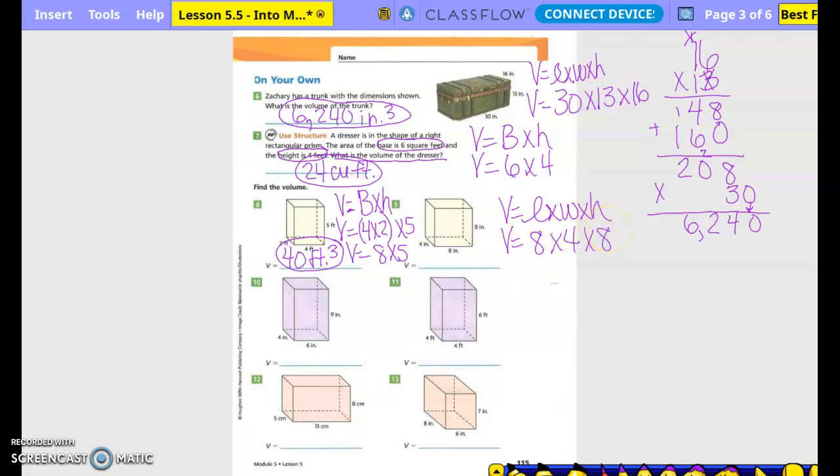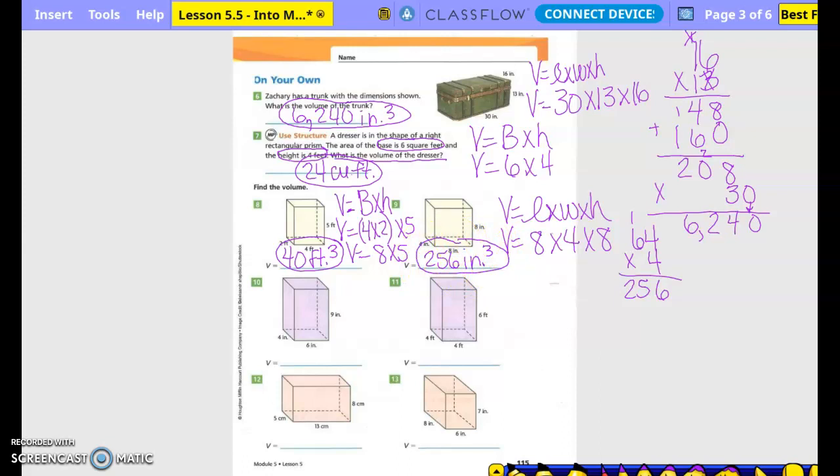Okay, so could we put the 8 together? Yeah. So we could say 64 times 4. So 4 times 4 is 16. Carry the 1. 4 times 6 is 24 plus 1 is 25, so 256 inches cubed. Or I could write 256 cubic inches.